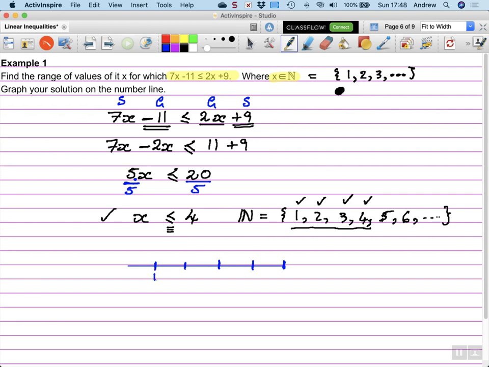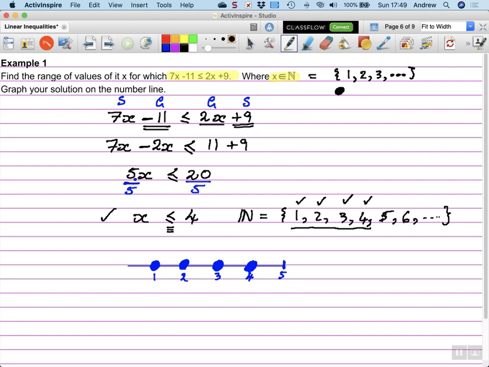Here it's going to be 1, 2, 3, 4, 5. But which ones actually apply to my problem? And this one, and 2, and 3, and 4. 5 doesn't count, so I don't put a big dot on it. Okay, that's the end of that.